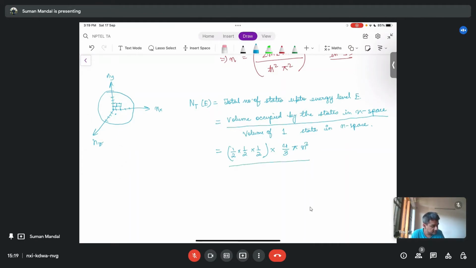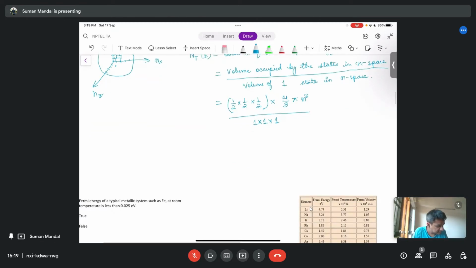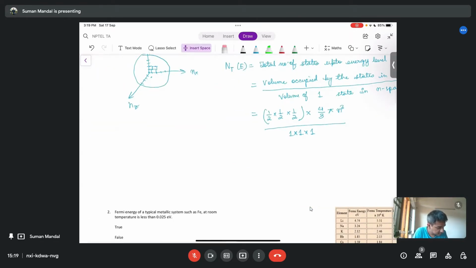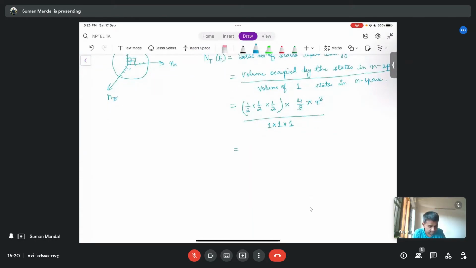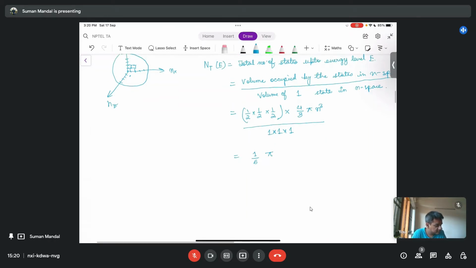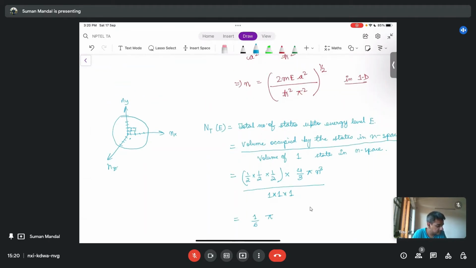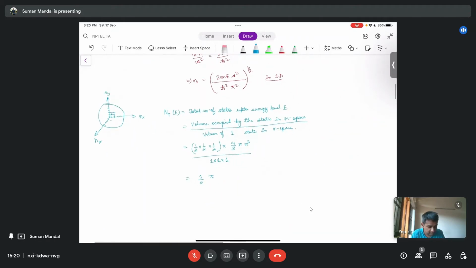And the volume of each state is 1 cross 1 cross 1, because nx, ny, and nz are unit vectors. So this turns out to be 1 by 8, times 4 by 3 pi, which is 1 by 6 pi. The value of n can be taken from here, 2mE a square by h cross square pi square, to the power 3 by 2.